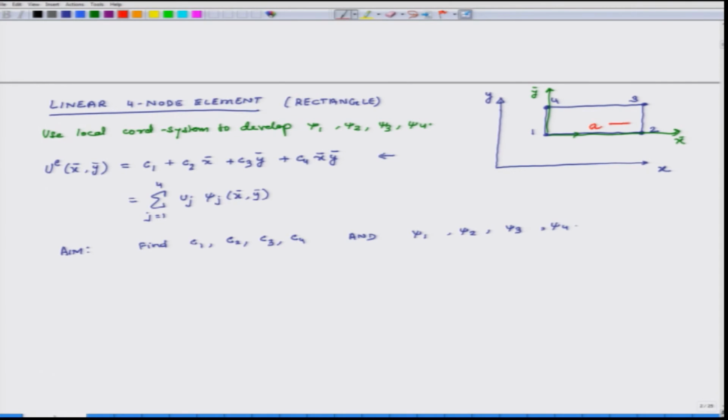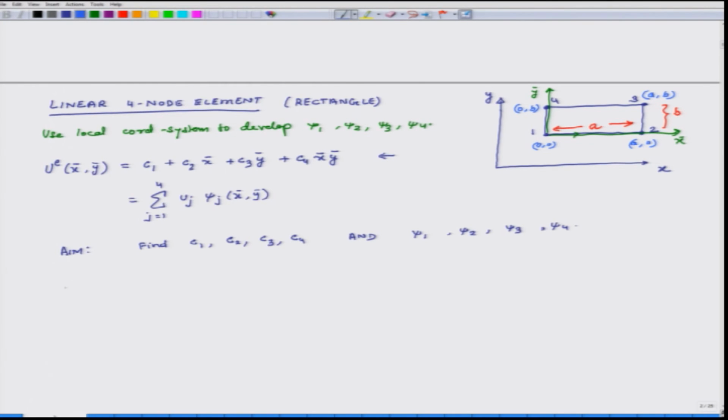Let us say the dimension of this rectangle is A along the horizontal axis, and this dimension is B. So, in the local coordinate system, the coordinates are 0, 0, A, 0, this will be A, B, and these coordinates are 0, B. So, these are the 4 coordinates in the local coordinate system for the element.